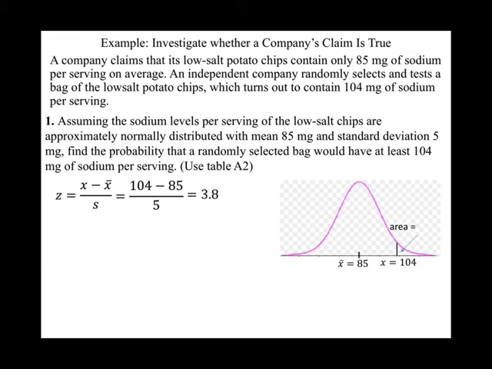Okay, so this is going to be the z-score. Now you have the z-score 3.8, and I want you to find the area to the left, using the table A2. You should get 0.9999.